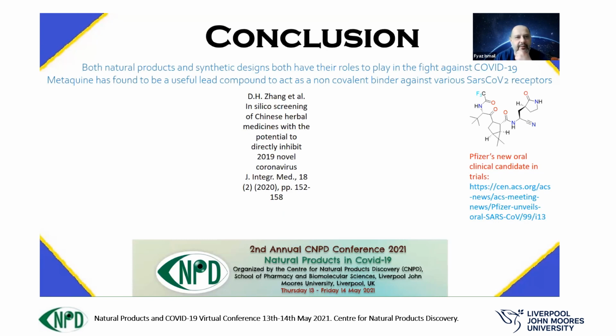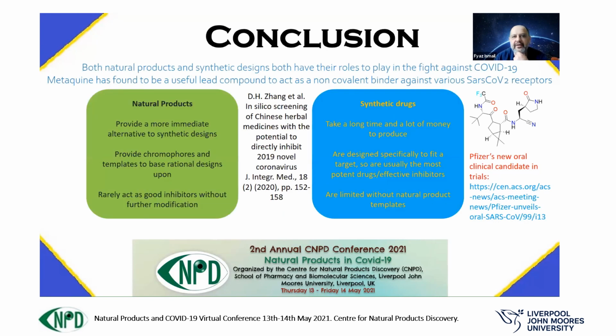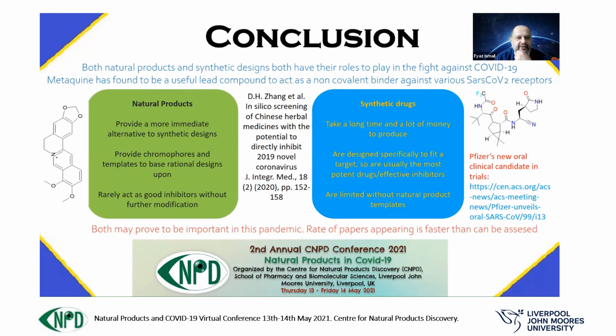So coming up to the conclusion, we found that natural products can provide an immediate alternative design. We've got chromophores, but these are rarely good inhibitors in themselves. And of these, as I've indicated, a particular compound shown on the left, berberine. But whilst our study was in progress, Pfizer's new oral candidate came around, and work has been published on this, and it's in clinical trial.